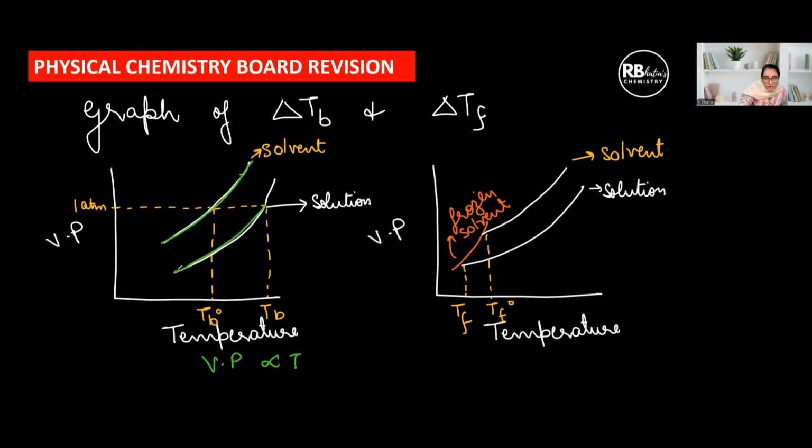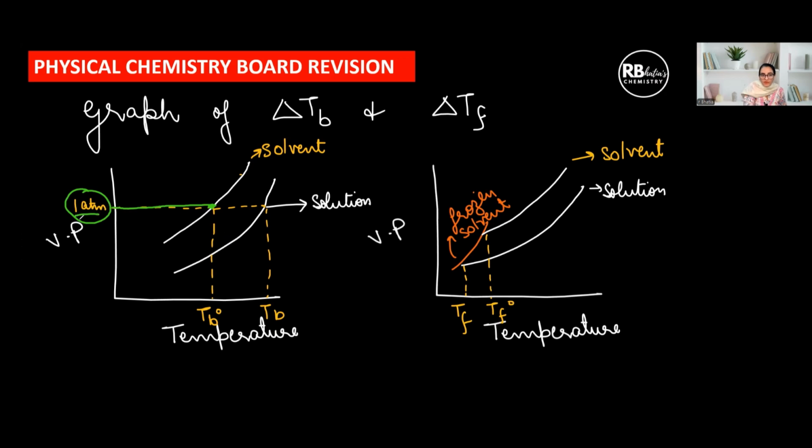This is also going upwards for the same reason. But why is the solution curve below the solvent? Because we are talking of solutions having a non-volatile solute in a volatile solvent. Okay, and hence this graph is below. Now, what are we going to do? Boiling point is the temperature at which the vapor pressure of any component becomes equal to the external atmospheric pressure, or any external chosen pressure.